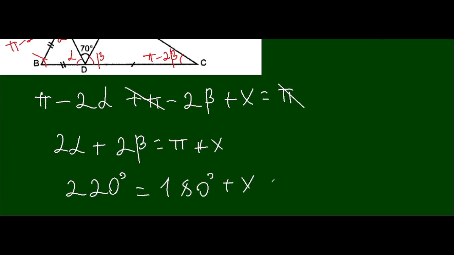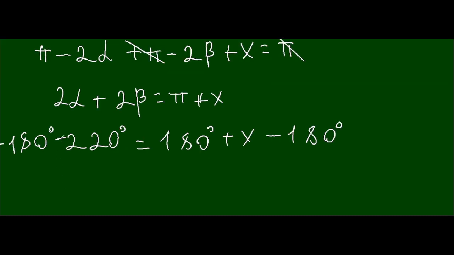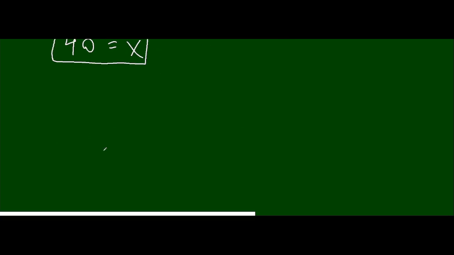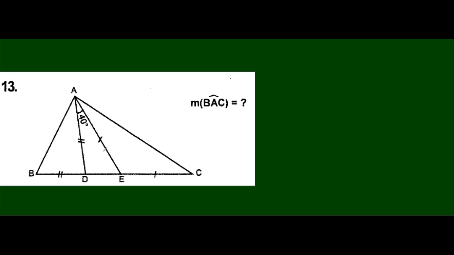We can add minus 180 to both sides, and we'll get 40 degrees equal to x. So x is equal to 40 degrees.